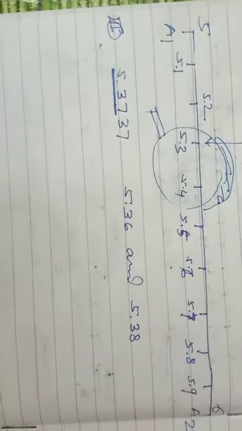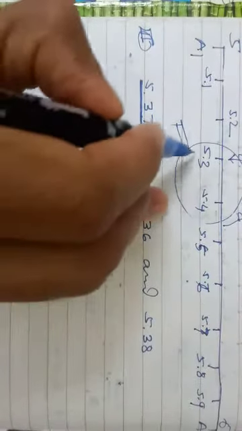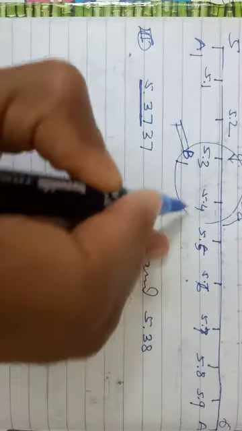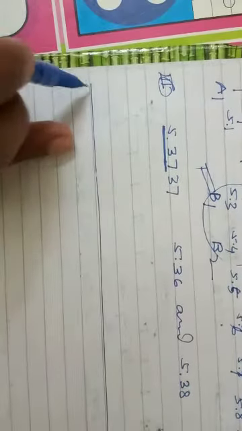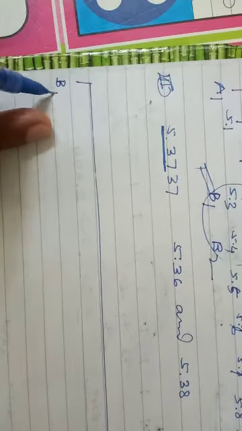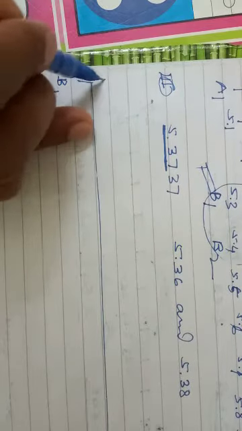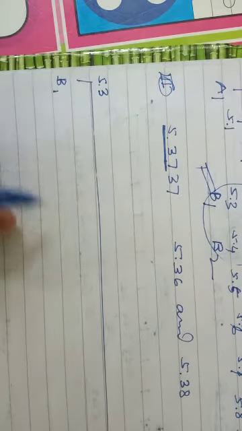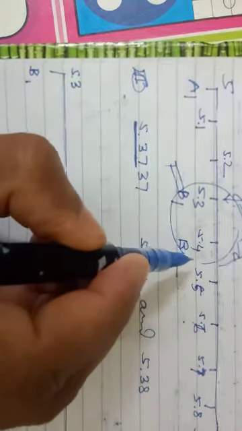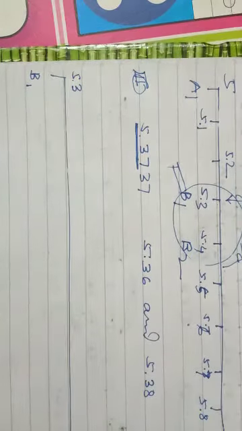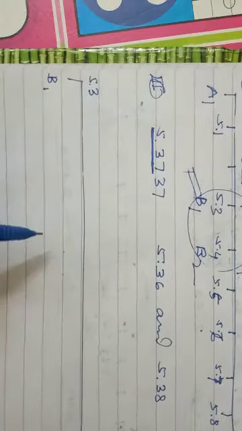Okay, now give that point B1, and this is the B2. Draw a number line. Take here point B1. What is point B1? 5.3. And what is point B2? 5.4. In 5.3 and 5.4, that portion should be divided into 10 equal parts.